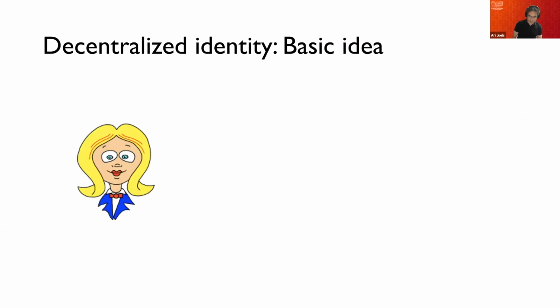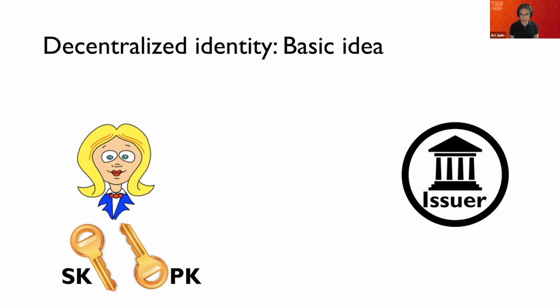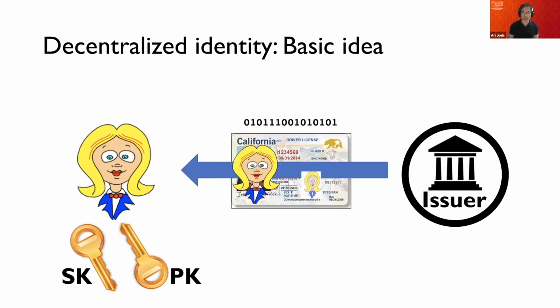So what is decentralized identity? The basic idea is as follows. To create an identity document, a user generates a public-private key pair, and then an authority known as an issuer creates a credential, as it's often called. This could be an identity document, say a driver's license, if the issuer is the Department of Motor Vehicles, and binds this document to the public key of the user.